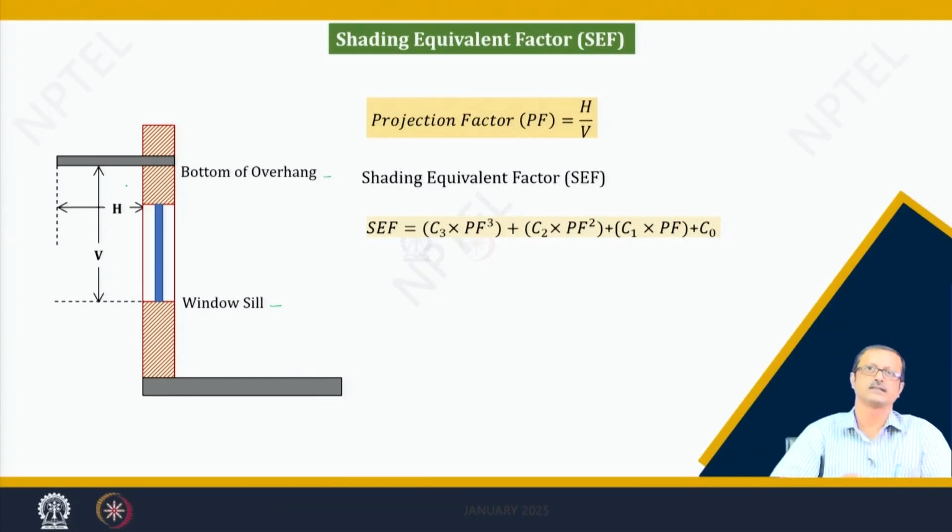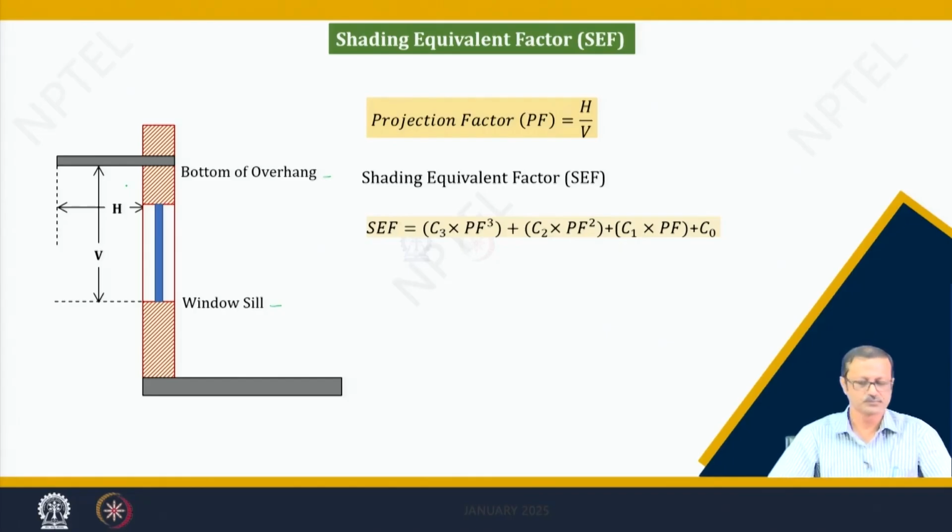If you go to our earlier equation, of course, we will discuss it a little further in the next lecture. The equation given to find the ACF is C3 into PF to the power 3, plus C2 into PF square, plus C1 into PF, where PF is your projection factor, plus C naught.